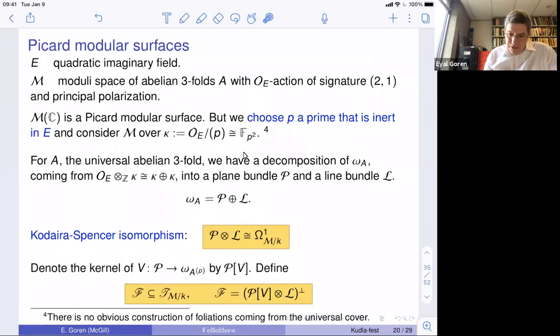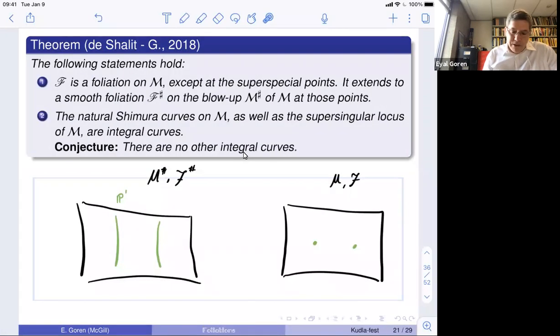And this is the foliation in this case. Okay, that's its construction. Okay, so a theorem, which is funnily enough, our interest in this subject started several years ago with a more complicated construction, and more recently we arrived at those tautological constructions. Okay, so the story is a little bit reminiscent of what we've seen for Hilbert-Blumenthal surfaces at inert primes. This foliation is defined on M everywhere except at the superspecial points.